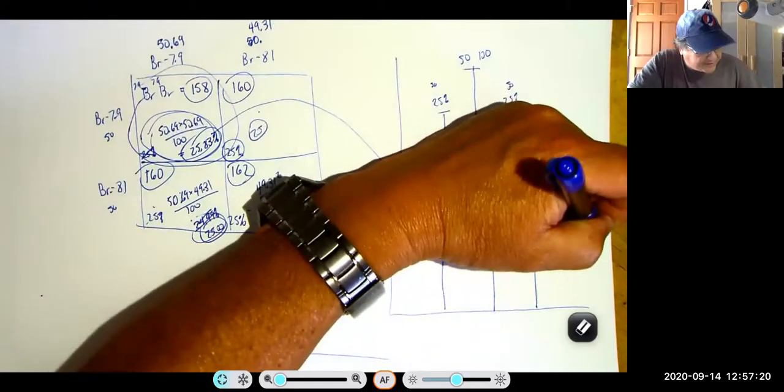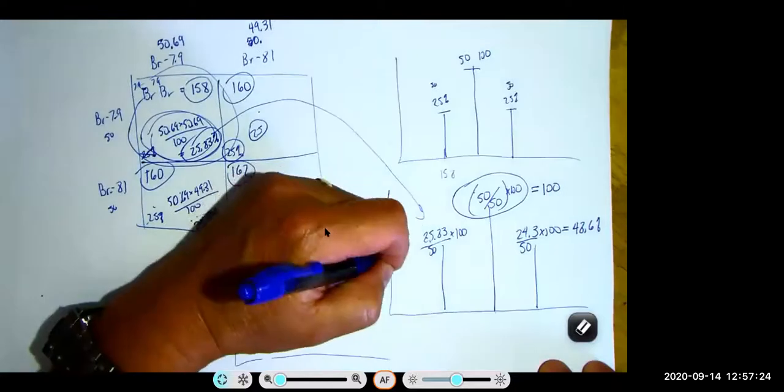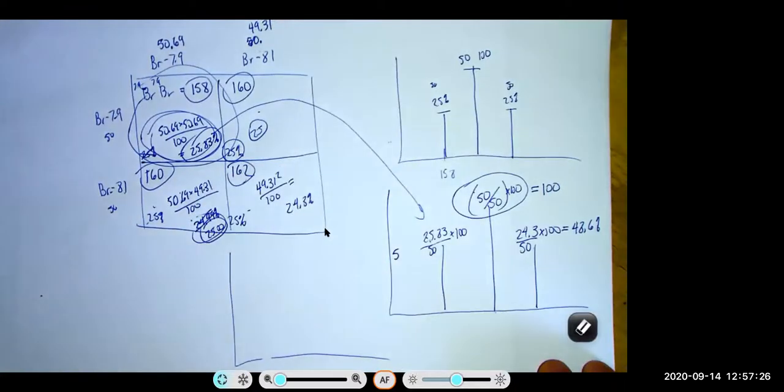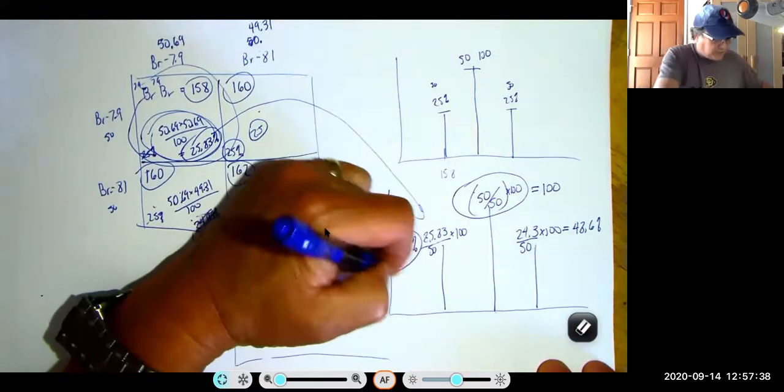Okay, and what is this guy? 50 divided by 50... 51.66 or... okay, we'll call it 51.7.